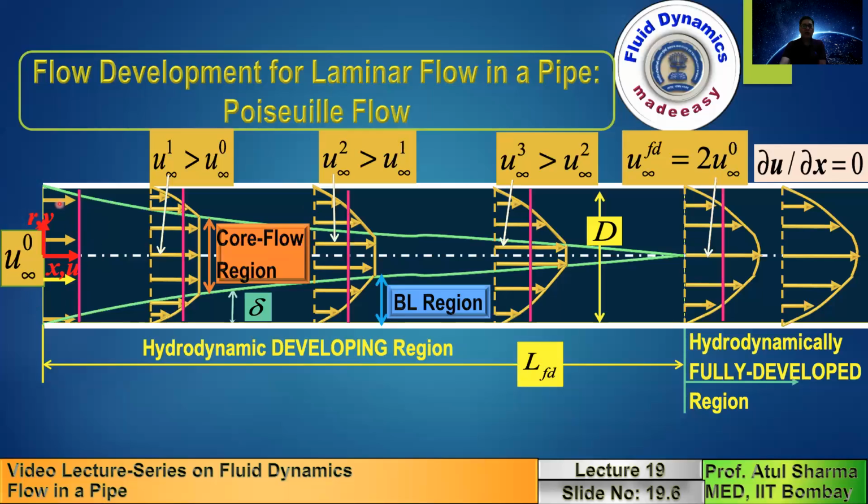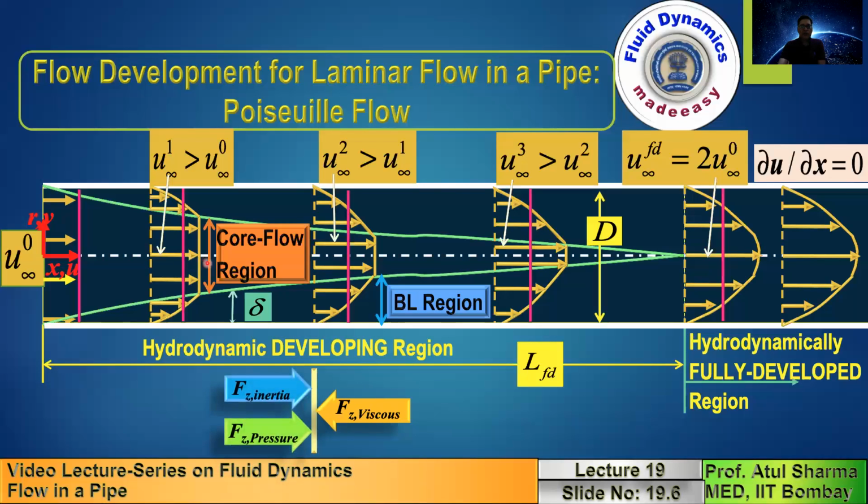Because when the fluid, which could be a liquid or a gas, enters a pipeline in the developing region, the pressure drop occurs not only due to the viscous resistance, but also to accelerate the core fluid region. So in the developing flow region, the viscous resistance acts opposite to the direction of the flow, which is due to the stickiness between the different layers of the fluid, which resists the motion between the different layers of the fluid.